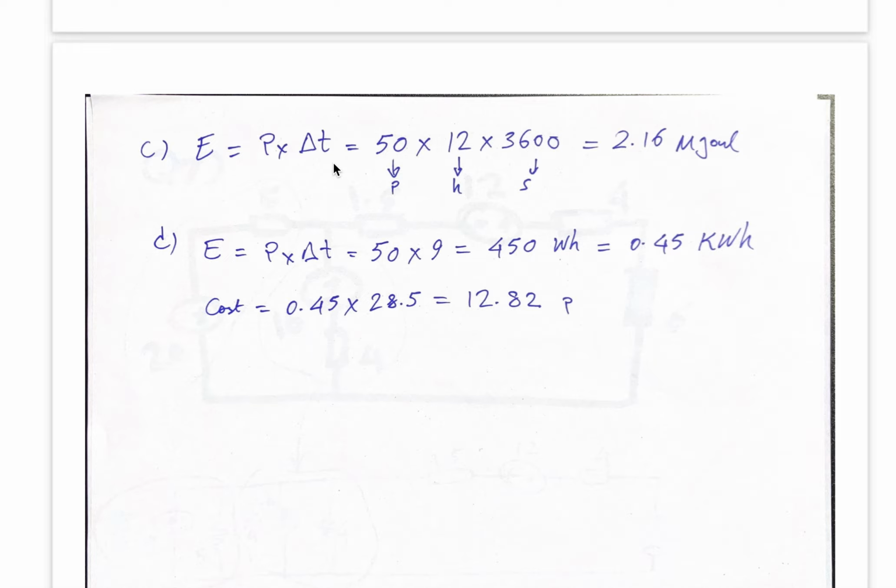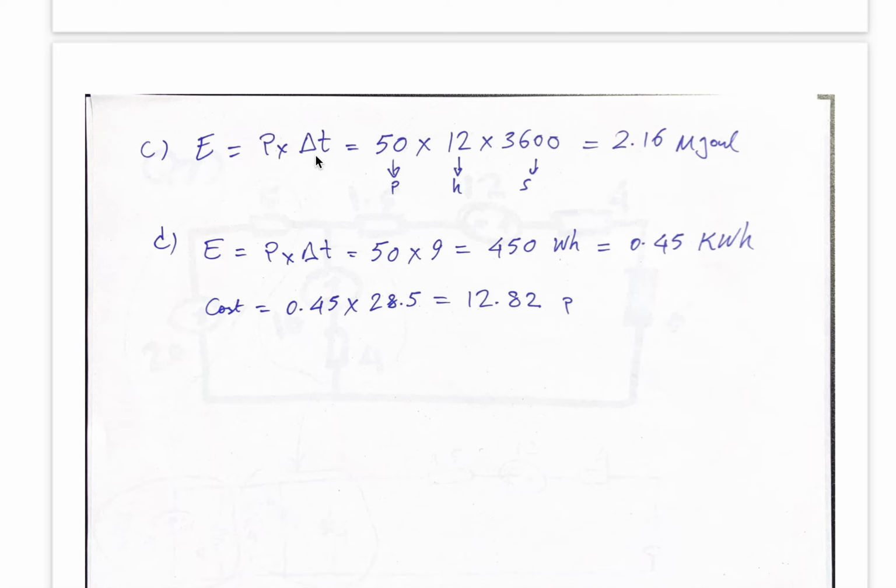Originally they had also given the power of this system, 50 watt. So you can multiply 50 watt by 12 hours, and that is watt hour, the energy in watt hour. But as in section C of the question, they're asking us to obtain energy in joule, we need to multiply it by 3600, because we should not use hour, we should use seconds for the delta T.